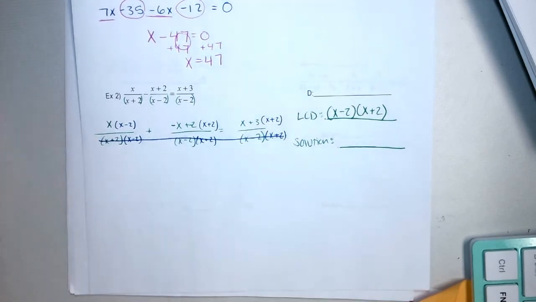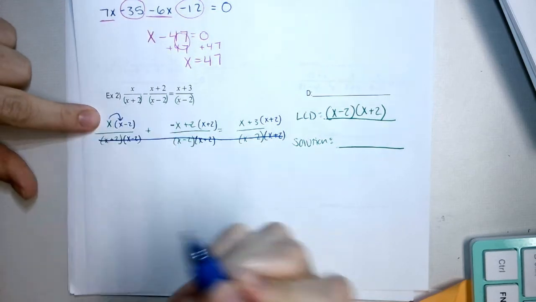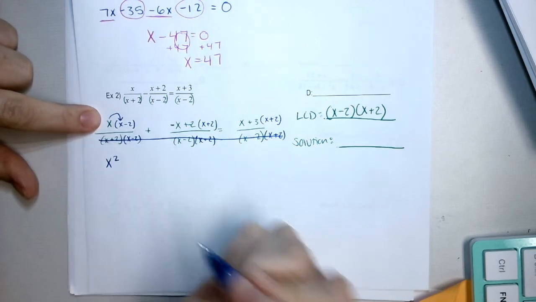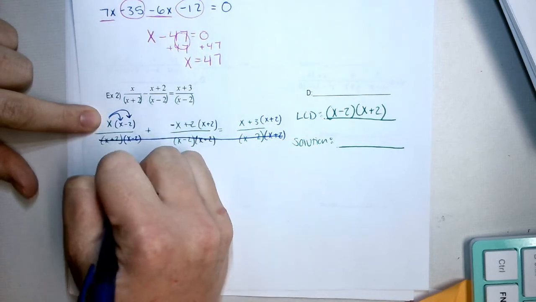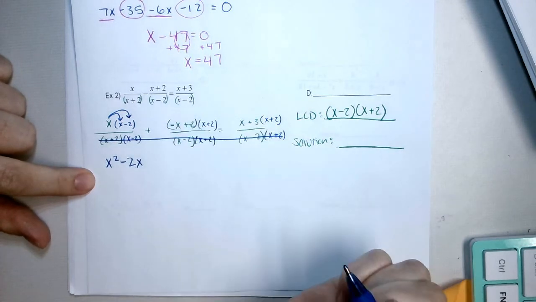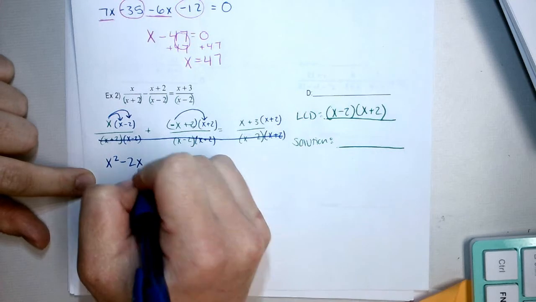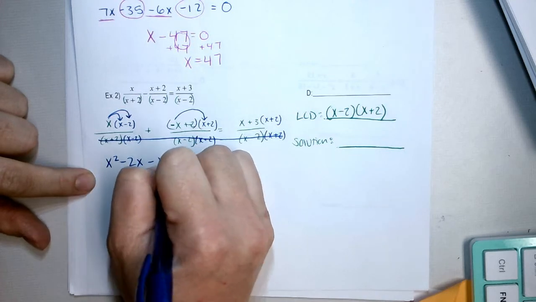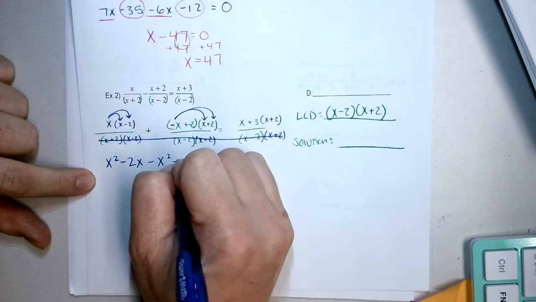We solve. So we're going to distribute: x times x is x squared. x times negative 2 is negative 2x. Now realize this is kind of its own factor too, so you're double distributing. Negative x times x is negative x squared. Negative x times 2 is negative 2x.